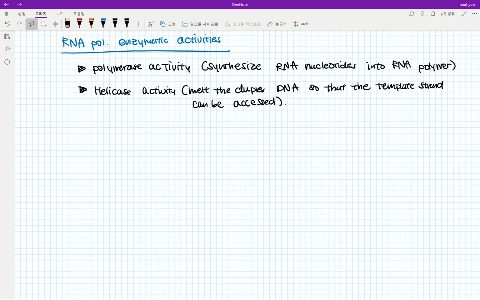It has a dissociate activity, to dissociate the RNA from the DNA after synthesis.